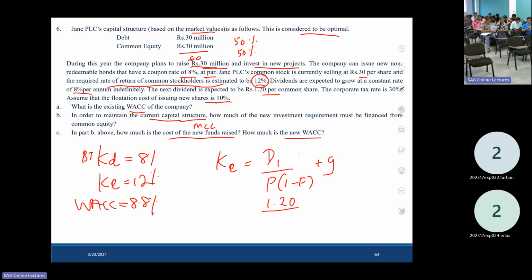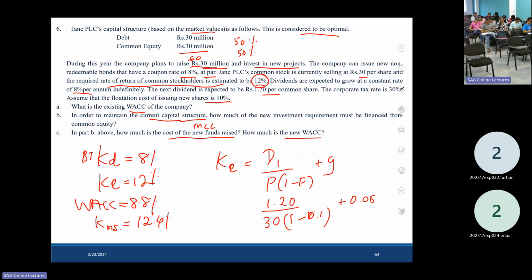Price: currently, stocks are trading at 30 rupees. So price is 30. Flotation cost is 10%, 0.1, plus dividends are expected to grow at a constant rate of 8%. So this is the new cost of equity, the cost of issuing new shares. How much is the new cost of equity? 12.4. It is 12.4.